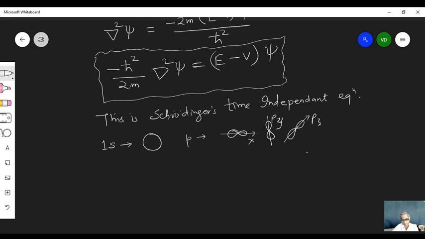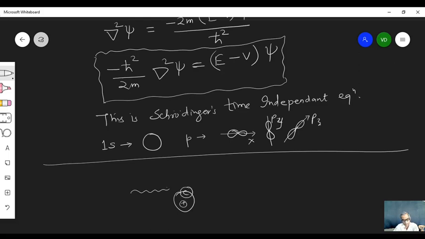Now this is static. Static means it is not changing with time. So for example, if you take an isolated atom, then the Schrodinger time independent equation can be solved for that certain system. But suppose we have an electron in this atom, and some photon or some energy is given to this electron, then the electron will change the orbit.